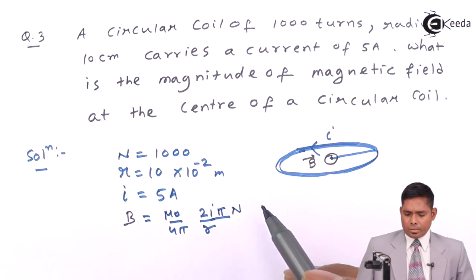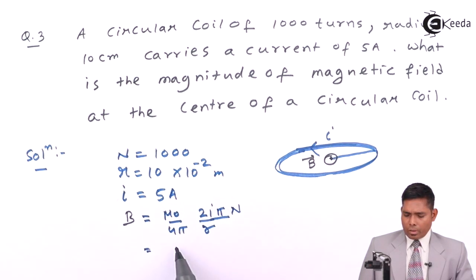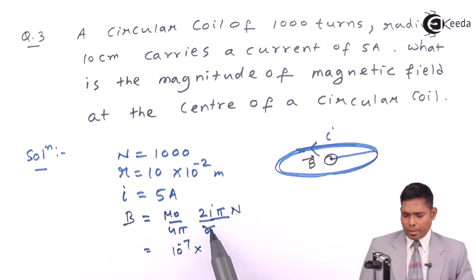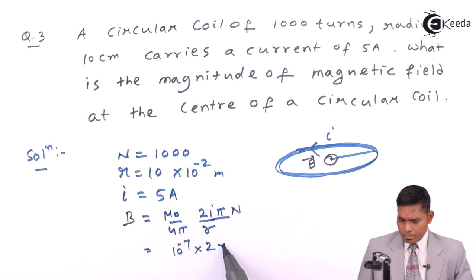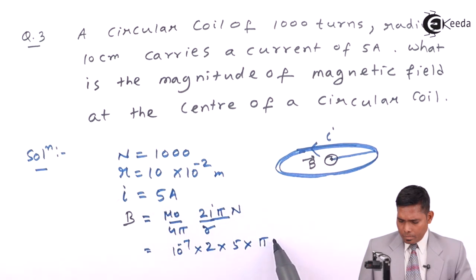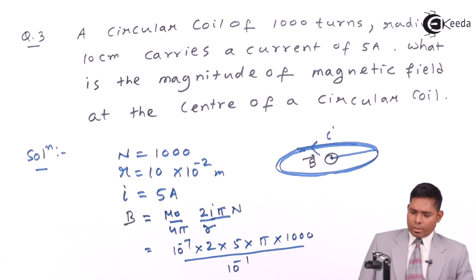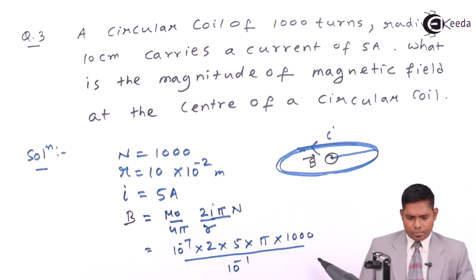So this is the complete picture. Now putting the value: 10 raised to minus 7 for this, 2 I pi n, all these values I'll put.